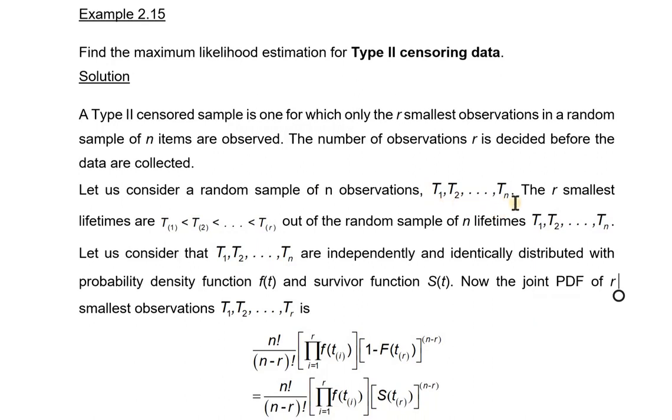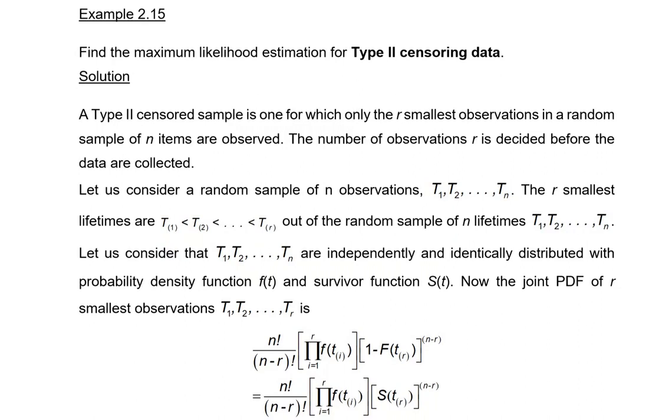So 1 to n here is the complete data set, and then we can sort it into ascending order, where T(1) in brackets is the smallest, which is the lowest failure time, followed by the last one, which is T(r). This is the last observation that we are going to record.